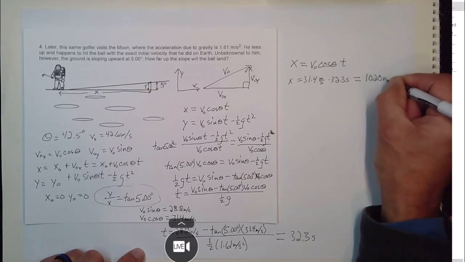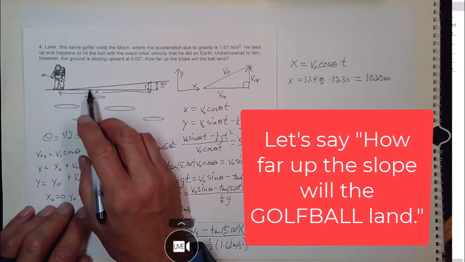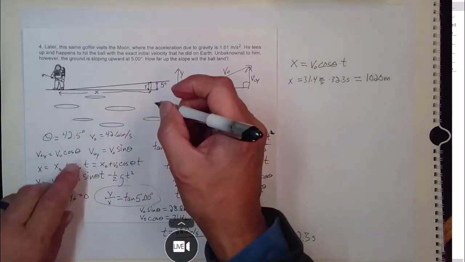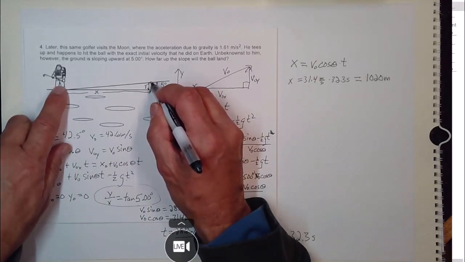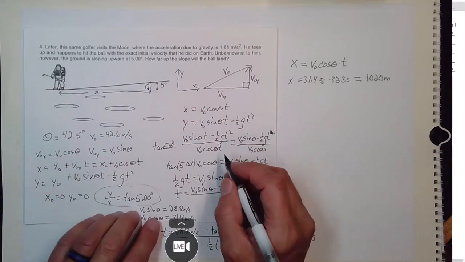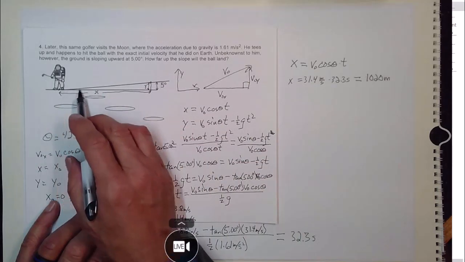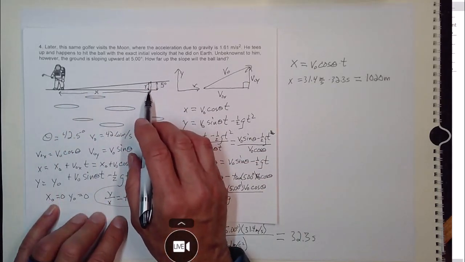And that actually ends up equaling 1,020 meters. Now, when they say how far up the slope will the ball land, I think that to me means this thing here. And I just figured out this. But x over this distance, let's see. This adjacent side divided by the hypotenuse will equal the cosine of 5 degrees.